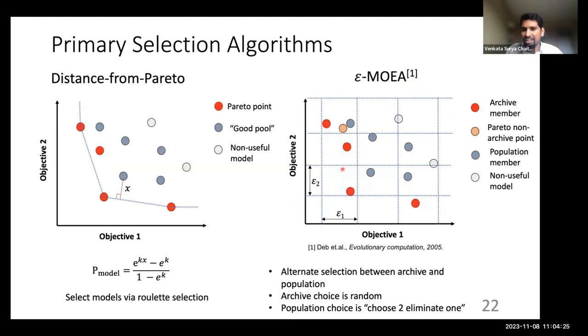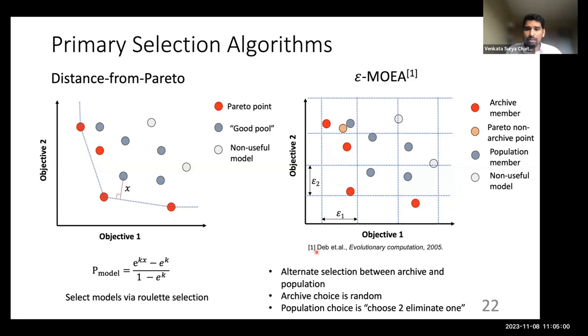And within each grid, we will only choose the one that is closest to the left corner here. So in this particular example, we have three different points in the same grid, but we will end up choosing this point as the representative of this particular epsilon grid. So the finer the grid we choose, the more data points will be included in the population, and the sparser the grid, the more repetitive structures we'll eliminate.